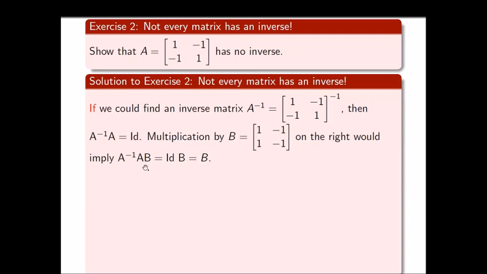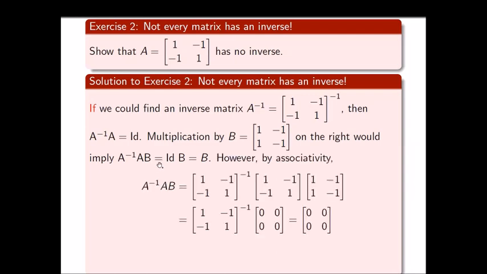However, this computation on the left can be rearranged as A inverse times AB. In other words, we use associativity to multiply A and B first. But if we multiply A and B, we get a zero matrix, and then any matrix times a zero matrix is a zero matrix.